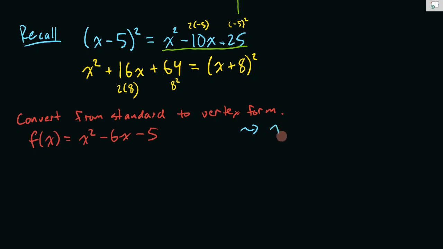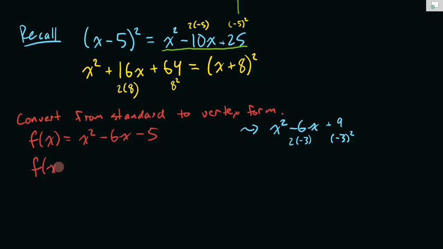If this was a perfect square, we'd want it to be x squared minus 6x, and negative 6 is 2 times negative 3, right? So we'd want our last thing to be negative 3 squared. We'd want our last thing to be plus 9. But negative 5 isn't plus 9. So what we're going to do is we're going to cheat.